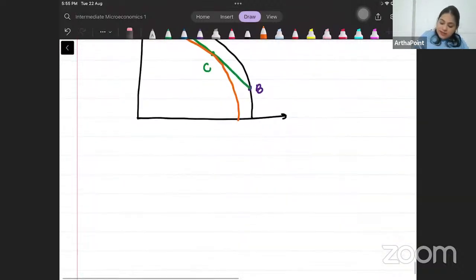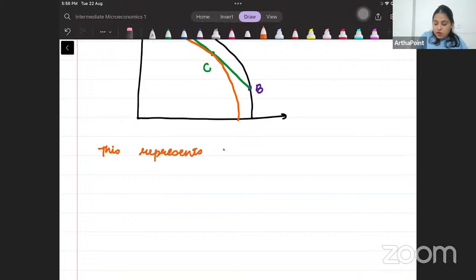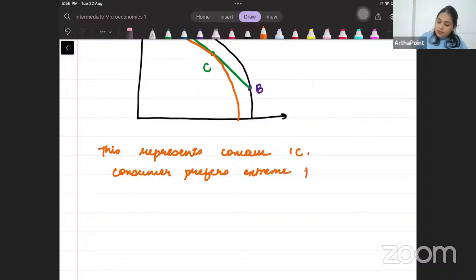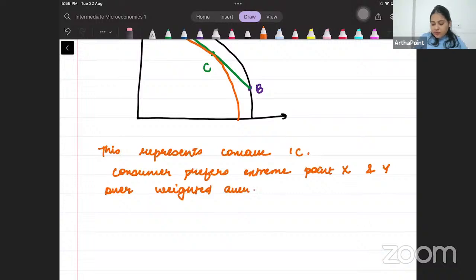So I can say that this represents concave indifference curve. Consumer prefers extreme points X and Y over weighted average.